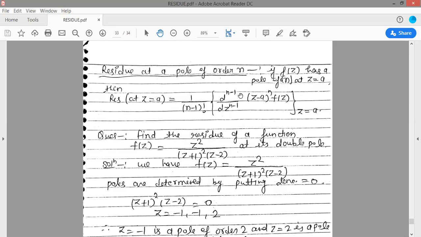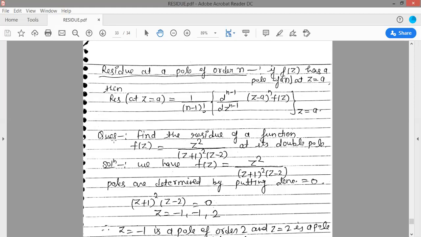If you have a pole of order 2, then 2 minus 1 factorial, d to the power 2 minus 1 upon dz to the power 2 minus 1, that means d upon dz. It means you have to differentiate one time with respect to z. Whatever function comes here, we differentiate it according to n, and at last just put z is equal to a, right?